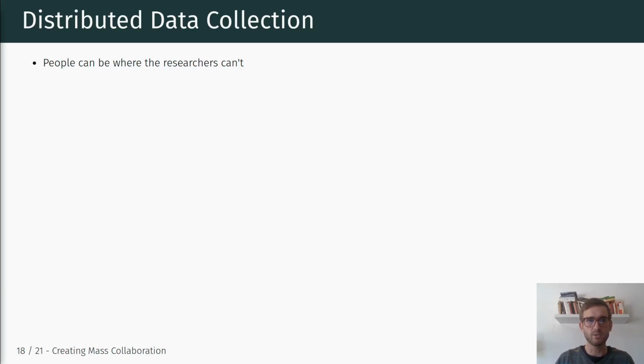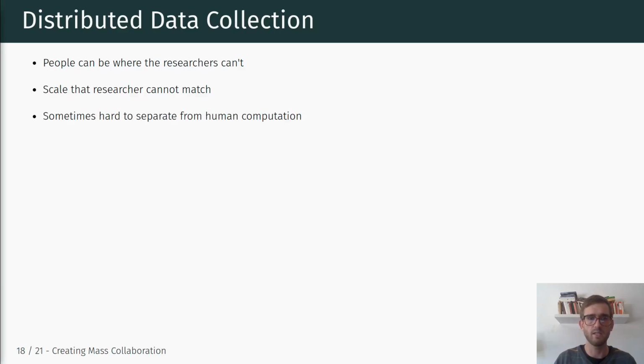And so these distributed data collection efforts involve data collections where people can be at locations where the researchers simply can't be, either because it's hard to get to that specific place, or because you have to cover too large of an area that can't be covered by the researcher alone, right? So that's describing data collection at a scale that the researcher, or even a set of researchers with graduate assistants, wouldn't be able to match, right?